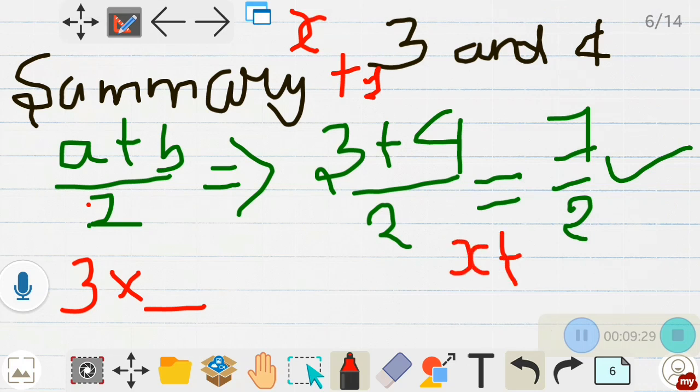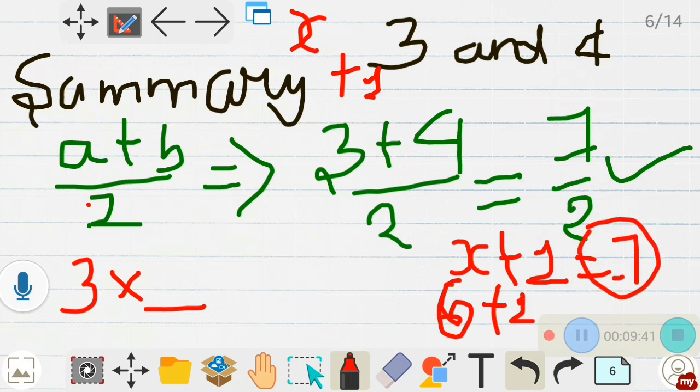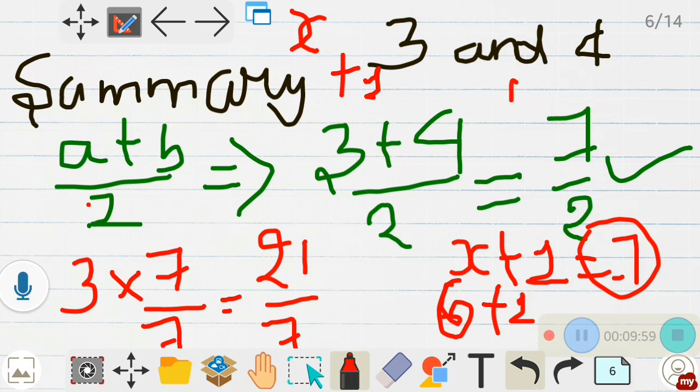We have to add 1 to it, so the formula for the second method is x plus 1. We want 6 rational numbers between them, so we add 1, which becomes 7, which means we have to make the denominator 7. So we will multiply by 7.